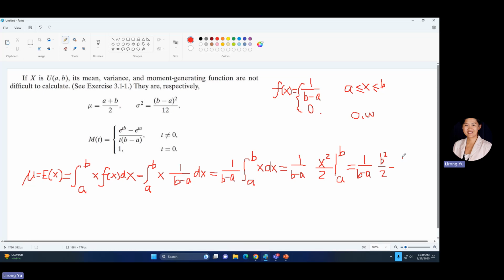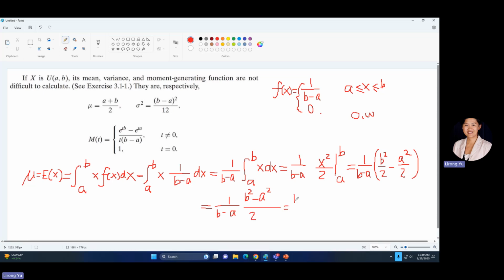If you plug in a, it's a squared over 2. They are both over 2, so the calculation is 1 over b minus a times b squared minus a squared over 2.